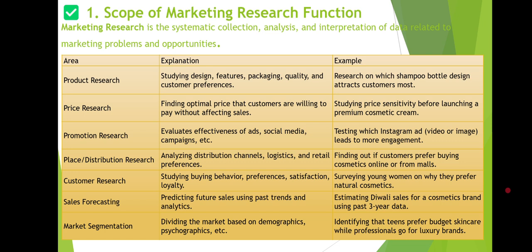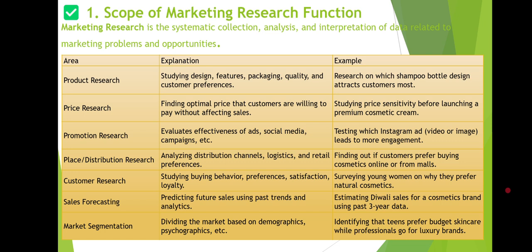So let's understand this topic thoroughly: scope of marketing research function. So basically marketing research is a systematic process of doing research, where we collect the data, and after that we analyze the data and interpret the data related to marketing problems and opportunities.